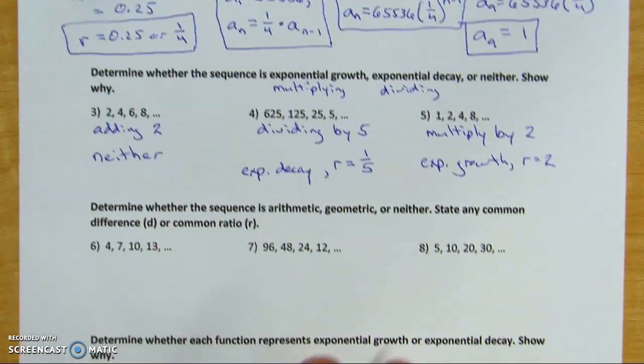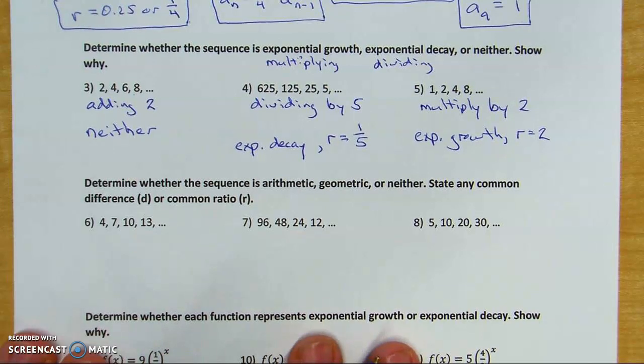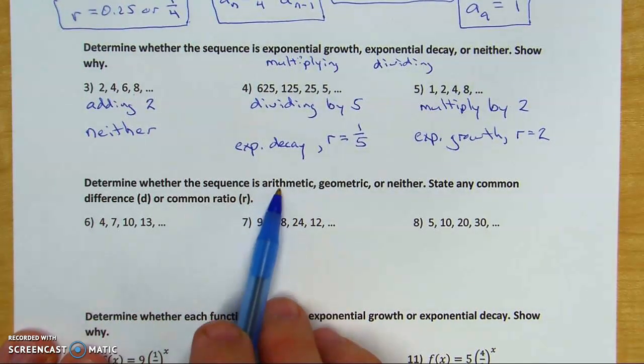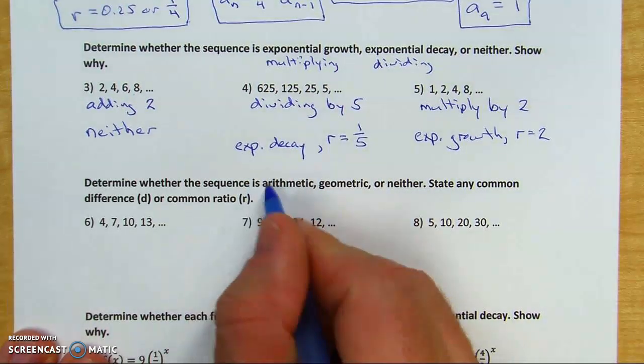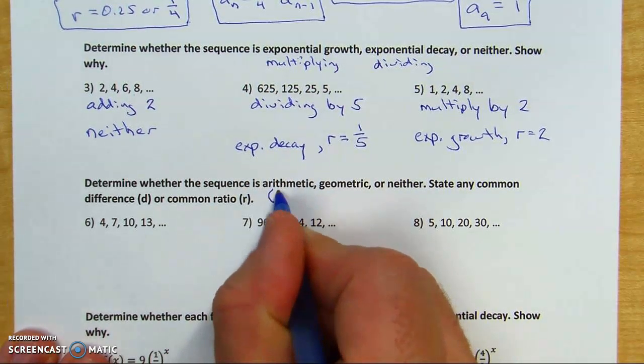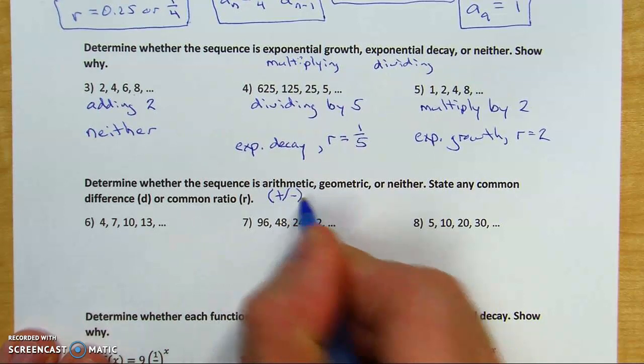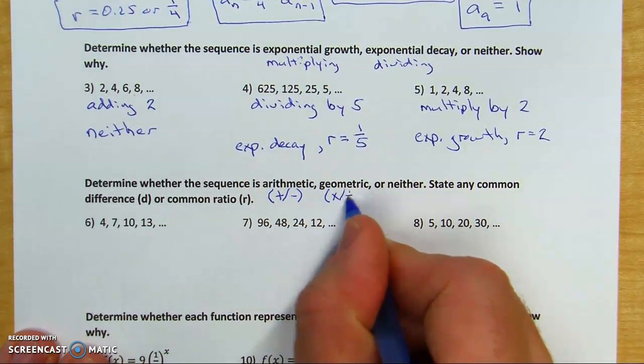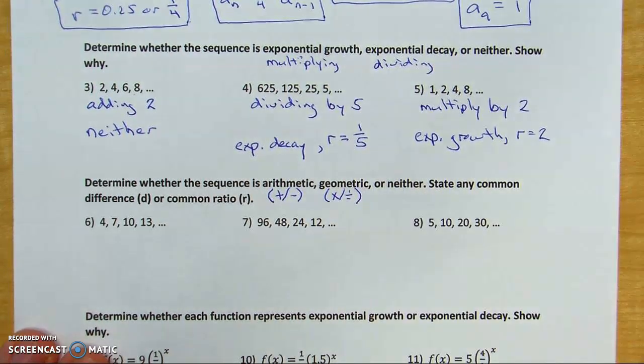Okay, I'm going to move down a little bit more. And on this next one, 6, 7, and 8, we do have the option of arithmetic. So just to remind you here, arithmetic would be adding or subtracting the same number. Geometric would be multiplying or dividing the same number. And then we have a neither.